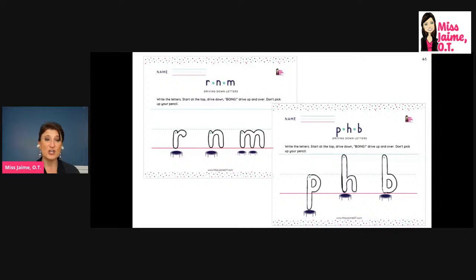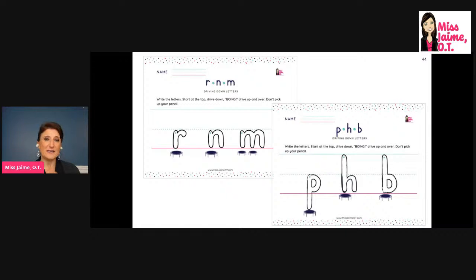But research does show that children write neater when they start their letters at the top, and it's also neater and more legible when they're not picking up their pencil to make continuous strokes over and over. So that's why these letters do not have pencil pickups.